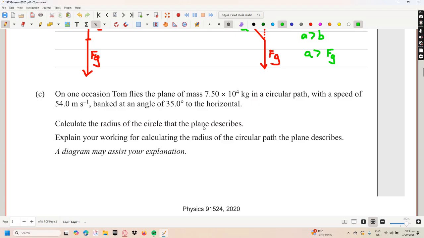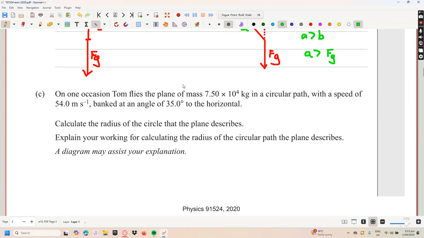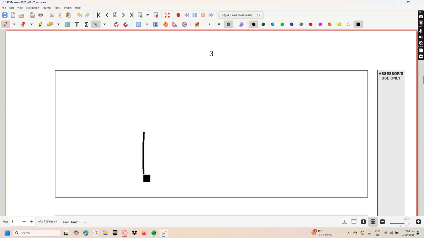Okay. On one occasion, Tom flies a plane with this mass, at this speed, at 35 degrees to the horizontal. What is the radius of the circle? Diagram really is going to assist here. Consider our forces involved. We've got our gravity force.